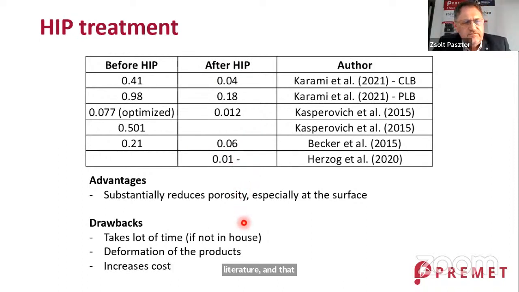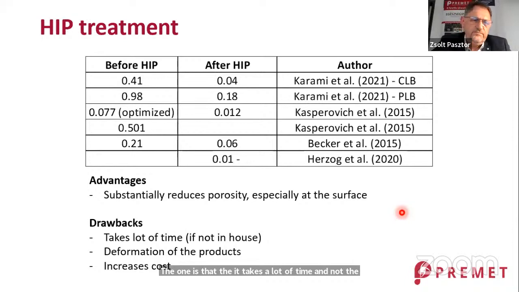So the advantage of the HIP treatment is that it substantially reduces the porosity, and especially at the surface. On the other hand, it has a few drawbacks or disadvantages. One is that it takes a lot of time, and not the treatment itself, but for example, the transportation of the product to the place where the treatment is done.